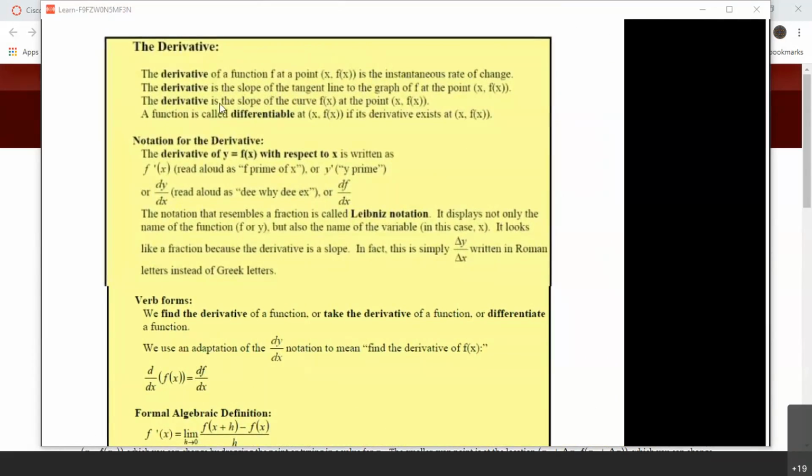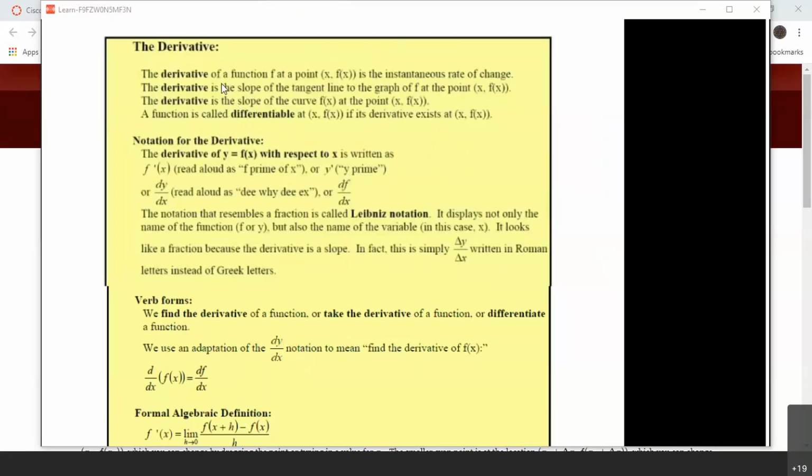Derivative is instantaneous rate of change, slope of a tangent line, right? A function is differentiable if you can take its derivative, okay? And it turns out you can take the derivative of a function if it's continuous there, which is why we talked about continuity before, okay?